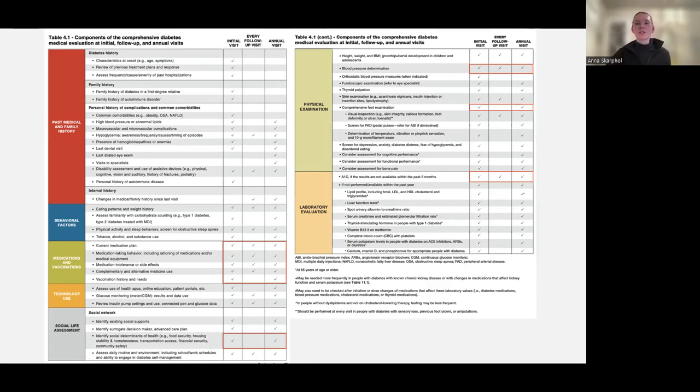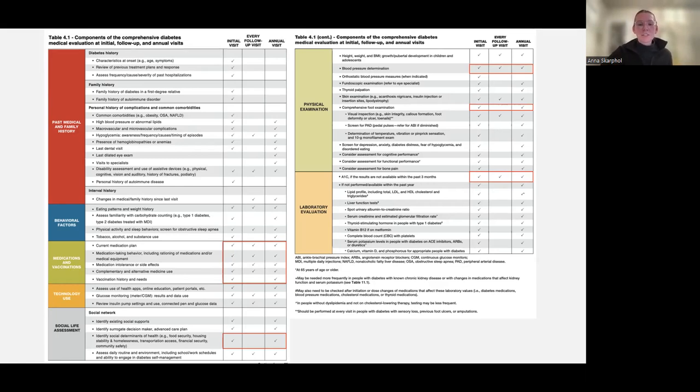And so I've put orange boxes or red boxes around a couple things to really highlight where pharmacy might be able to intervene. So we can see here in this first box, medications and vaccinations. So patients should be assessed for their vaccinations at their initial visit and then annually.